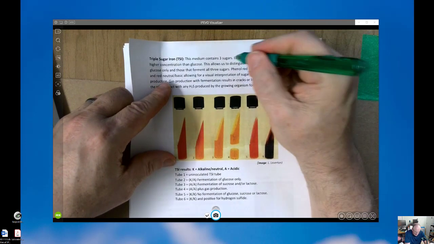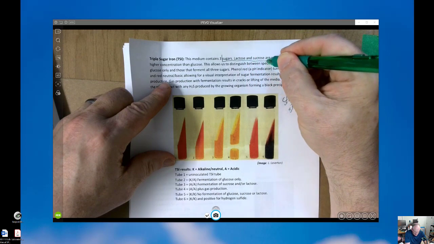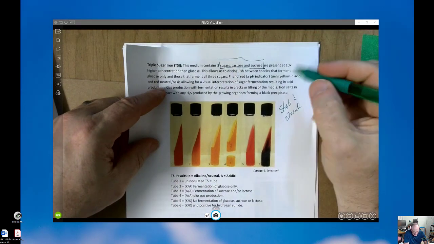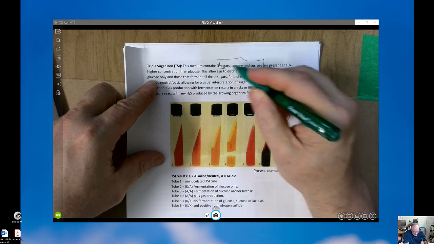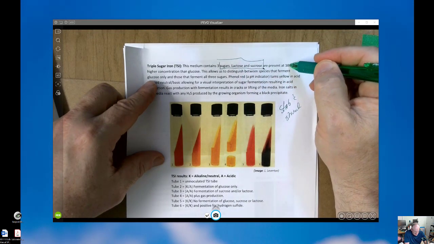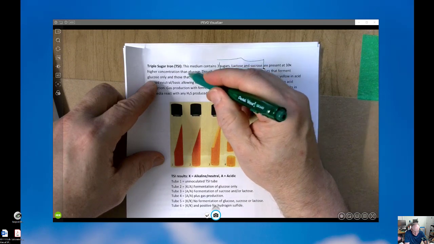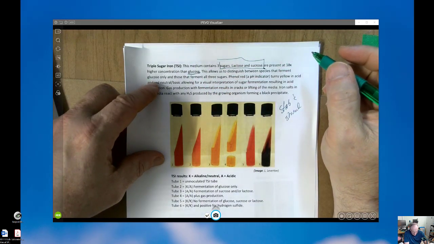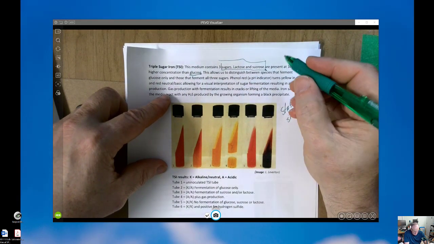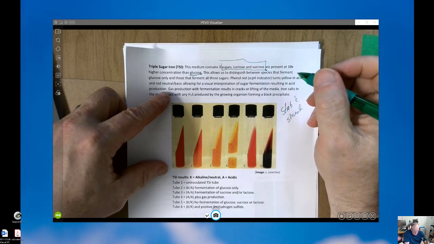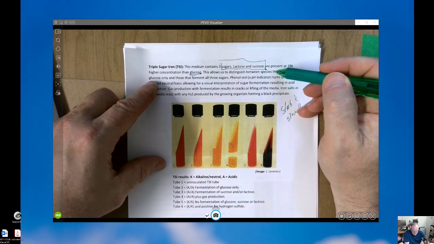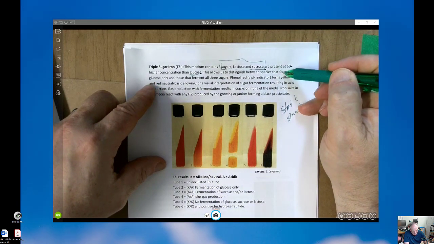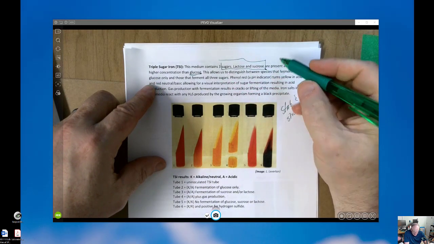Now remember, it has 3 sugars, and lactose and sucrose are at 10 times higher concentration than glucose. This allows us to distinguish between the species that ferment glucose only and those that ferment all 3 sugars.